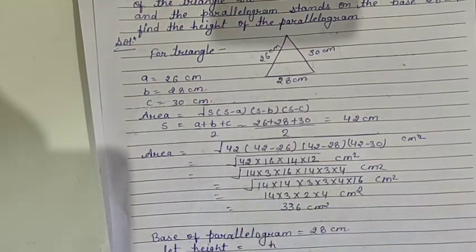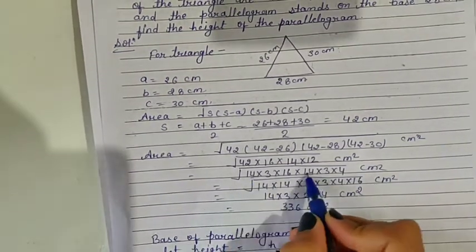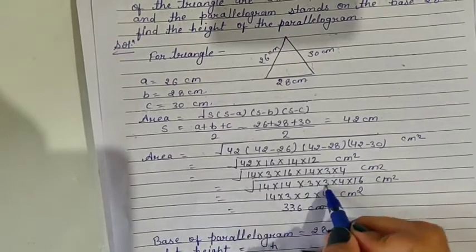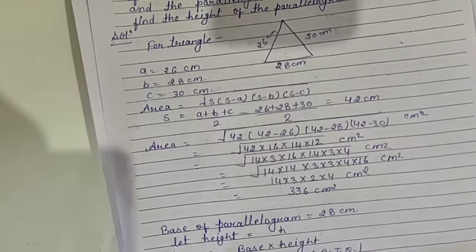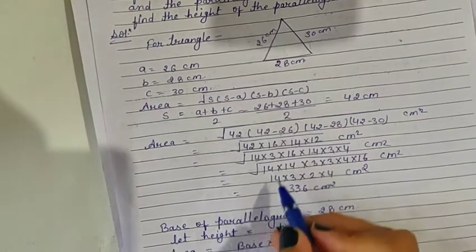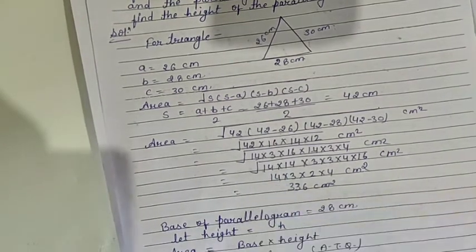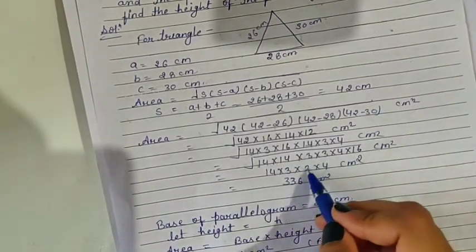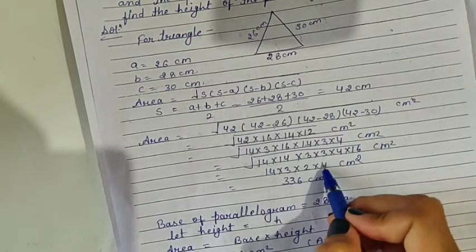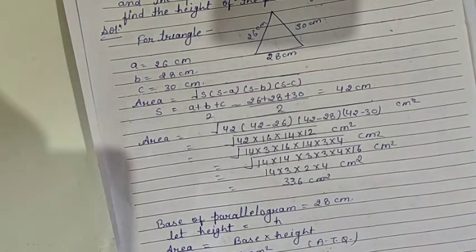Now we will make their pairs. 14 into 14, 3 into 3, 4 into 16 centimeter square. Now we will find its square root. So square root of 14 into 14 equals 14, square root of 3 into 3 is equal to 3, and square root of 4 is 2, and square root of 16 is 4 centimeter square.